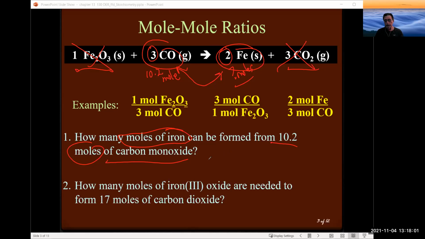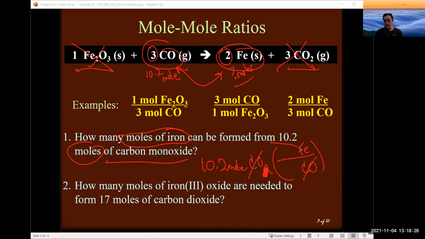So I write down what I am given, like before, 10.2 moles of carbon monoxide, okay? Obviously, I need to get to iron, so guess what? My iron is on top, my carbon monoxide is in the bottom. I check my units, I'm canceling.